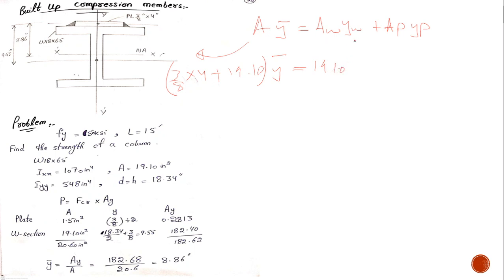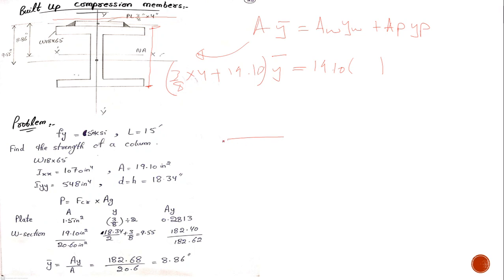In order to find YW, I have to select one of the fibers. So I have selected this top fiber, and I have to find the centroid from the top. You know that this depth is 18.34 inches. So from the top fiber, the centroid of this W section would be equal to the whole width of this plate plus half of 18.34.